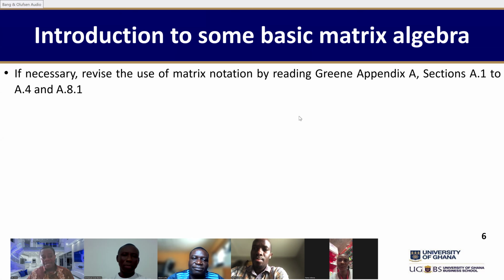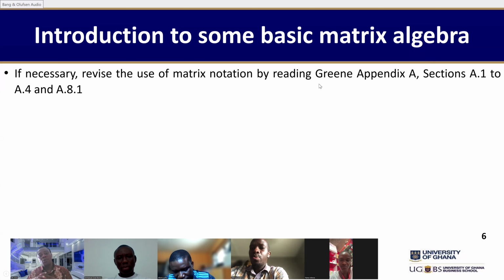If necessary, go back, take the book by Greene, Appendix A, Sections A.1 to A.4 and A.8.1, and you can understand the matrix notations that we use there. It's basic, and it will help you.